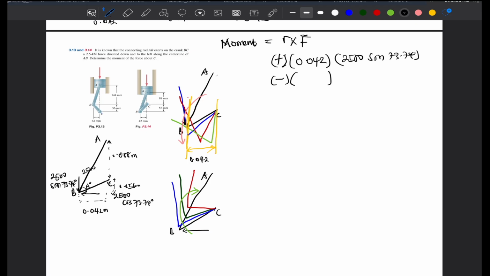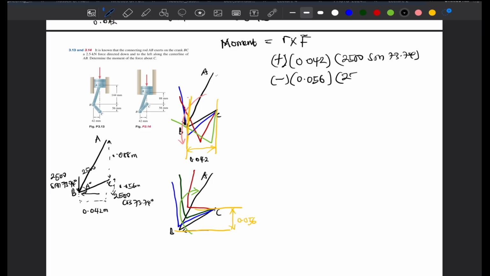We are going to look for our perpendicular distance. So like I said, we are going to draw a parallel at the application of the force and a similar parallel at C. And we are going to look for the distance between them. So as you can see from here, the distance between these two positions is 0.056. So I'm going to write out 0.056 as our distance.